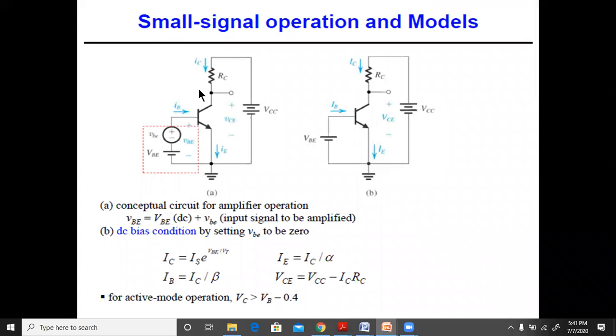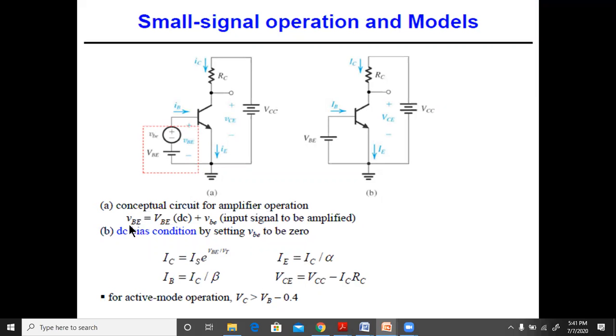So when we take that, then at the input side, the most important thing which we should consider is that we have the DC and the AC signal, which we generally call the input, and together the DC plus the AC will be known as the instantaneous value.